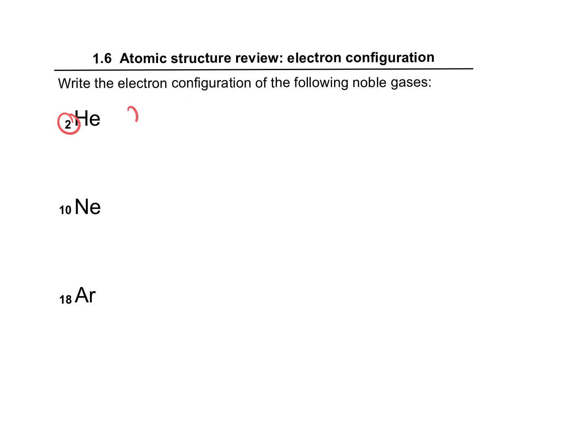So with helium, we have two electrons. So the electron configuration is 1s2. So if this is our energy diagram, here is our 1s orbital, and it has two electrons. Our next example, neon, we have 10 electrons.